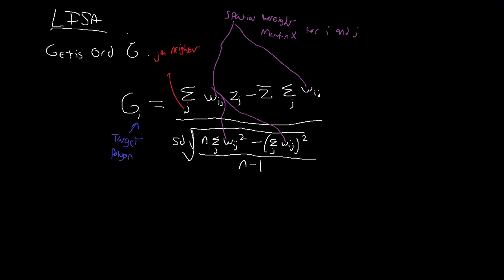This is z sub j here. This is the data value for the jth neighbor. I'm running out of colors here. This z bar is the average of the data set.